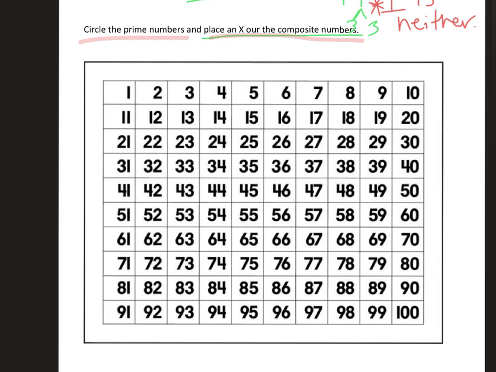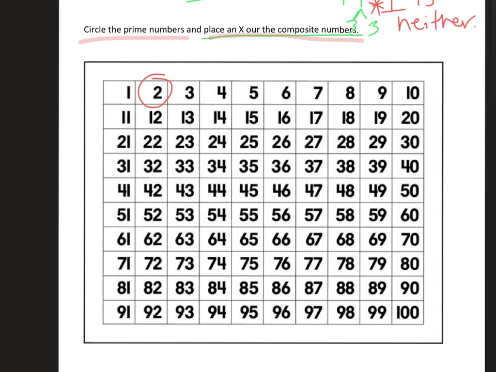So 1 we're just going to leave alone. But 2 is an interesting one because, as I already mentioned, 2 is prime. So we can circle that one. Okay? But 2 is also the only even number that is prime because every other even number is going to have 2 as a factor.